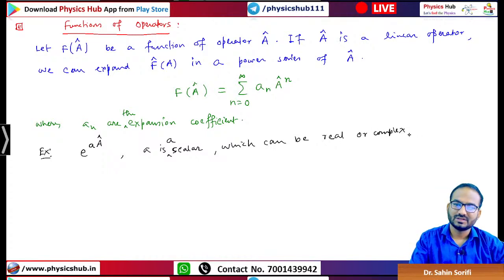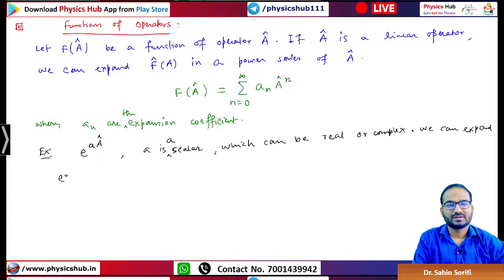Under this situation, how can we expand this e to the power aA?